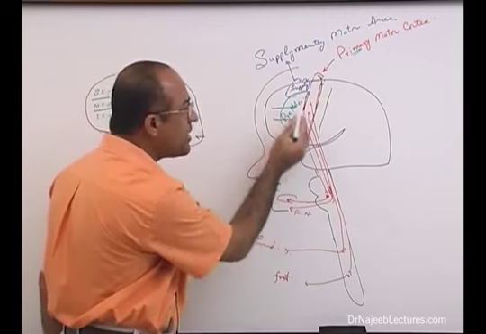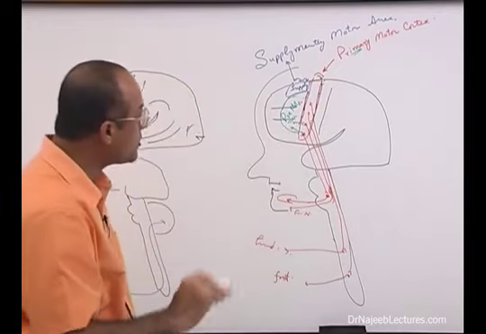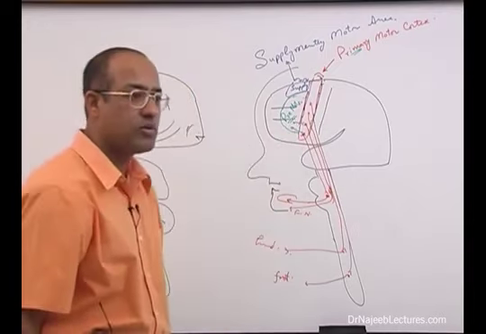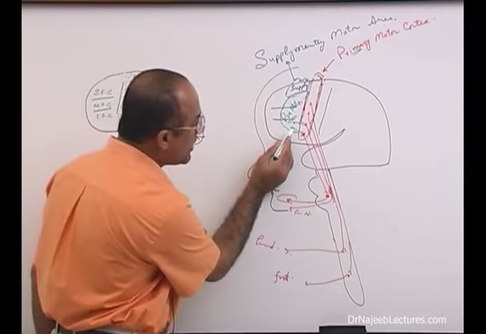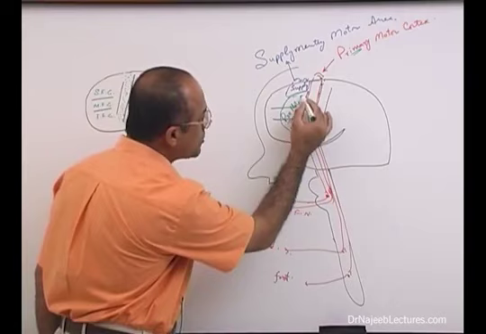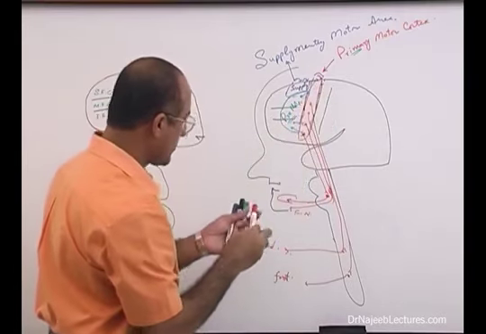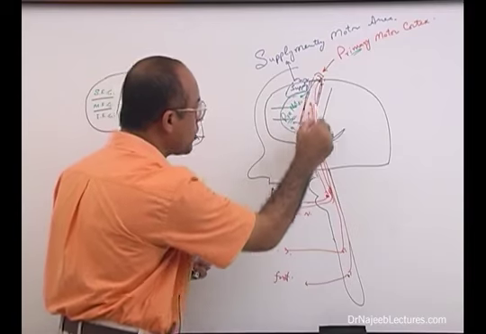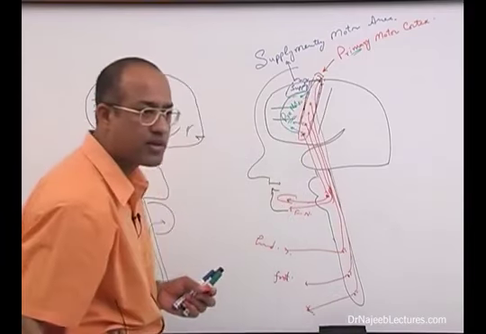But there are millions and millions of premotor neurons having different sets of programs. For example, you want to move your foot. Then premotor neurons will stimulate this neuron to stimulate that neuron which will go down and stimulate the muscles related with the foot movement.